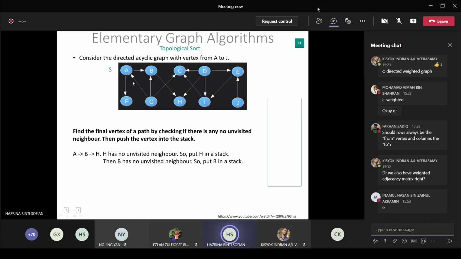Let's say this is an acyclic graph. You see A cannot go back to itself, B cannot go back to itself. Sometimes a graph can consist of acyclic and cyclic parts, but in this case, no. Let's say this is still the course.